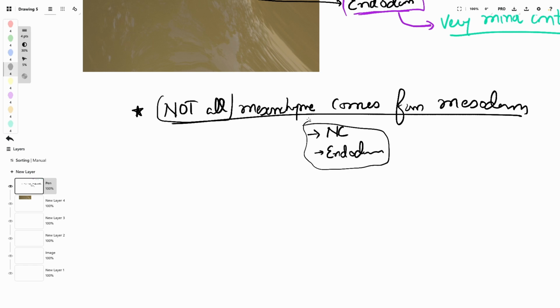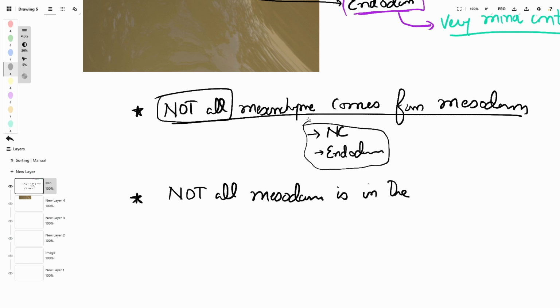Secondly, the second reason that these terms should not be used interchangeably is that not all mesoderm is in the form of mesenchyme. The major one is paraxial mesoderm, which forms the sclerotome and dermomyotome, which actually contributes a lot towards mesenchyme.